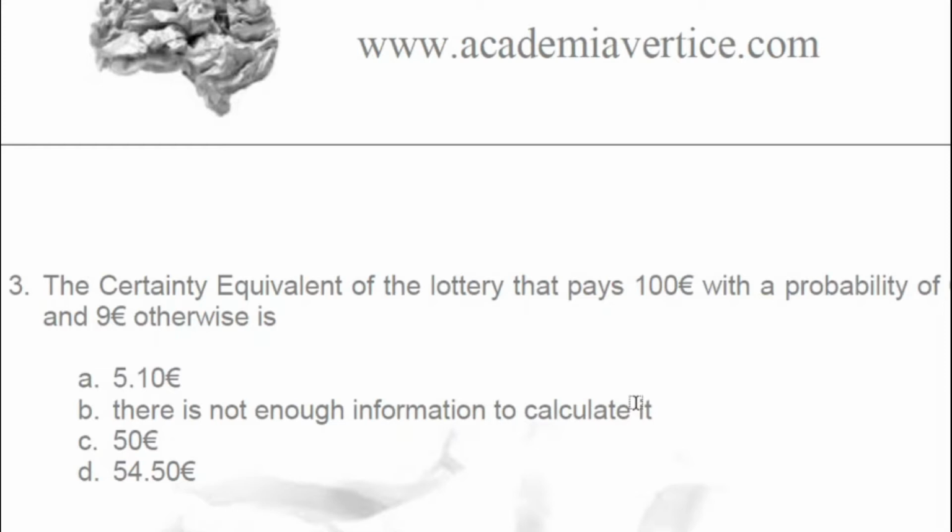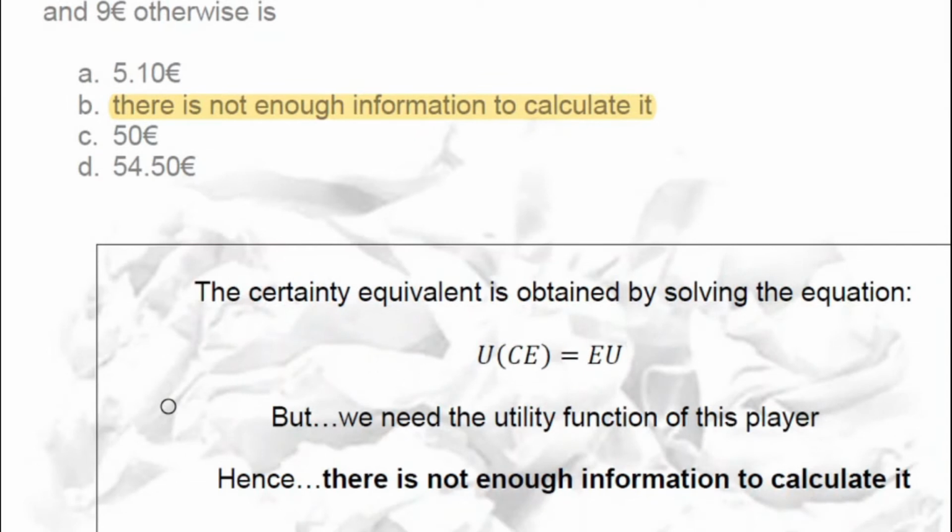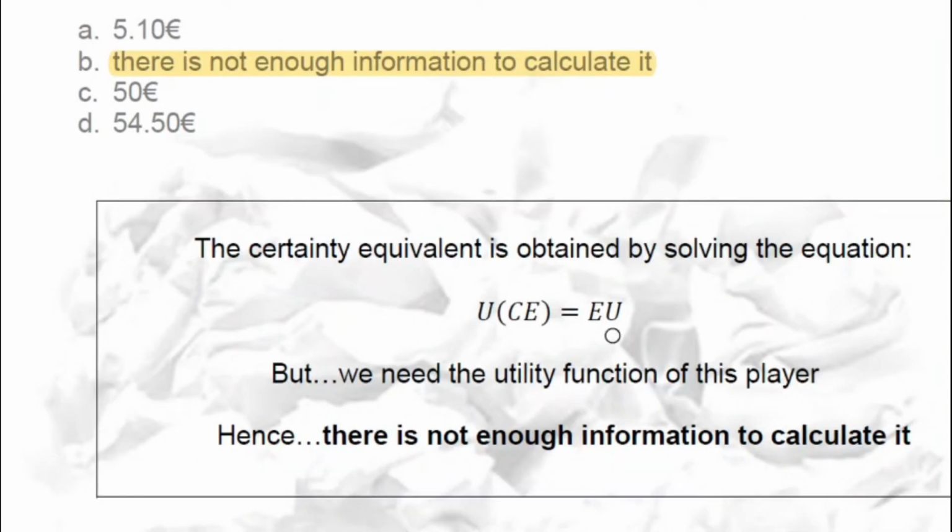As we don't have here the utility function of this consumer, we can't calculate the certainty equivalent. The certainty equivalent is not of a lottery; it is for a player or a consumer that faces a lottery. If we remember how we calculate it by this formula, we need the utility function.